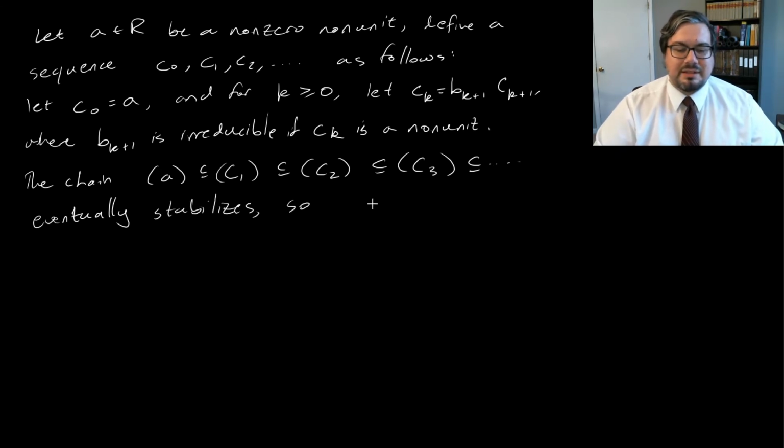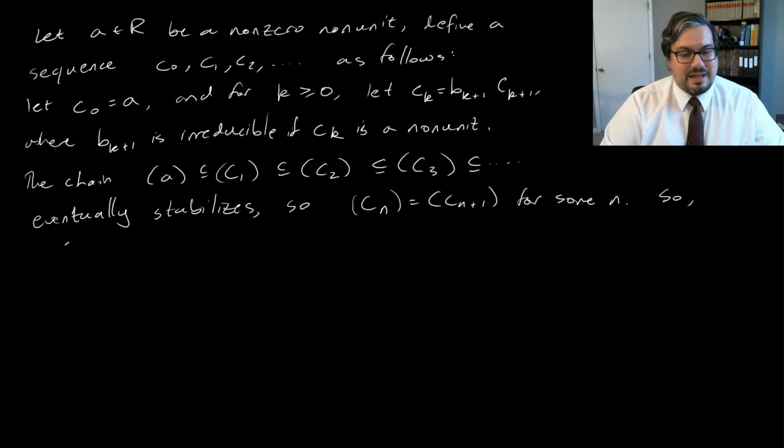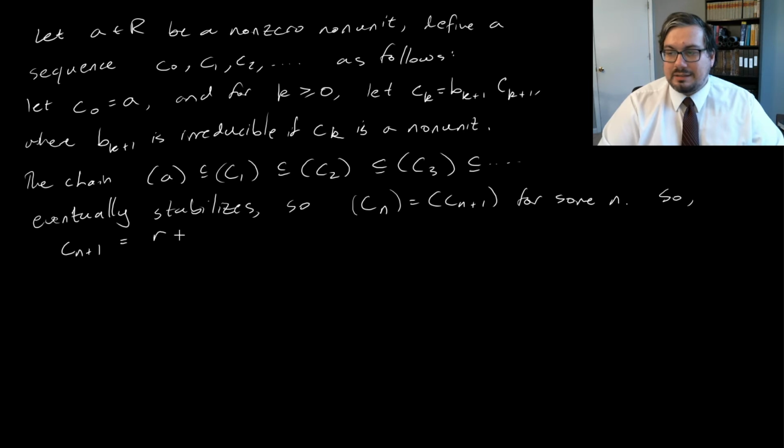And so that means that the ideal generated by Cn is equal to the ideal generated by Cn plus 1 for some n. Now we're going to follow, again, a similar sort of argument that we had before. So this means that Cn plus 1 has to be equal to r times Cn for some little r in R.